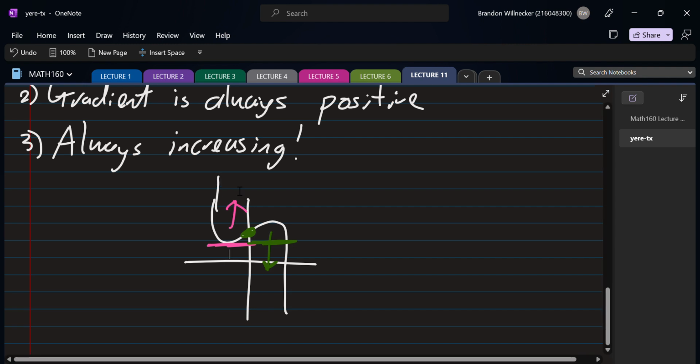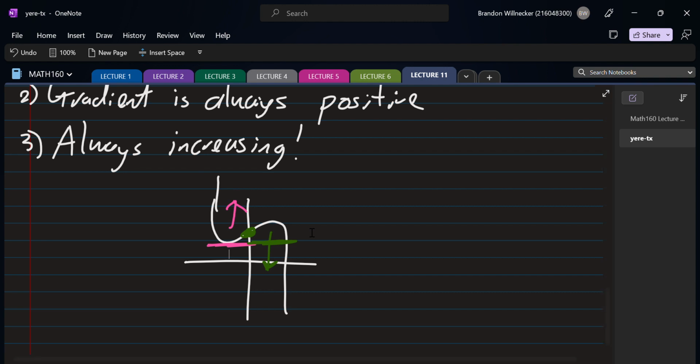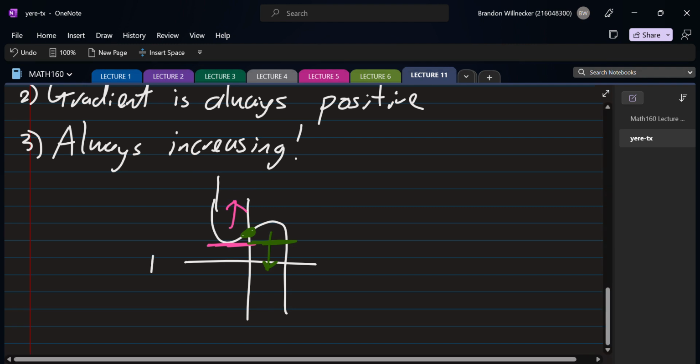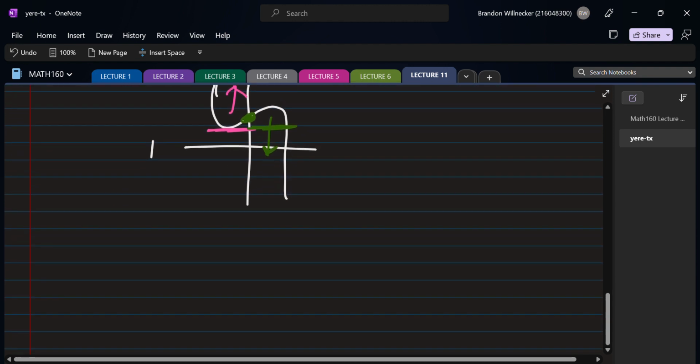So it goes from being concave up to concave down, or from concave down to concave up. Wherever there's that change, we call that an inflection point. Since there's no turning points to find, the next thing we look for is these inflection points.